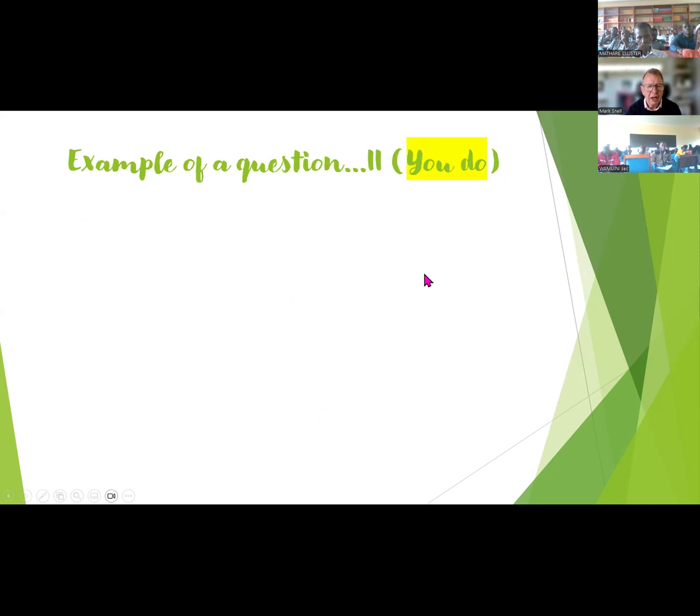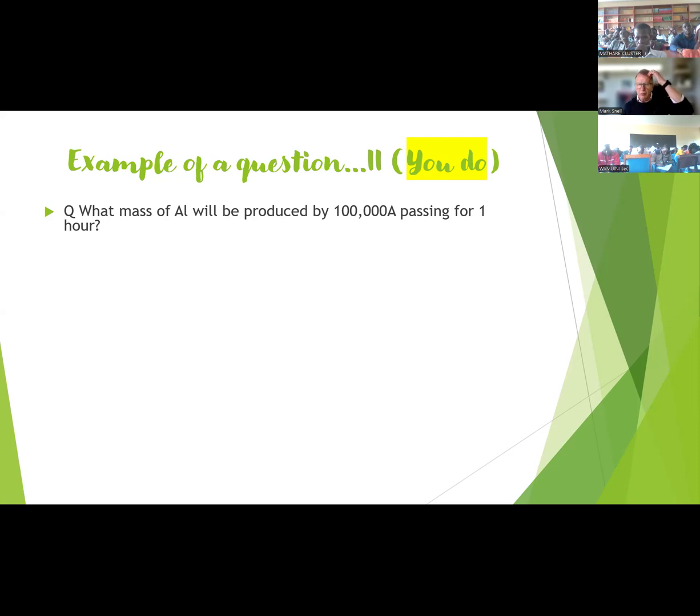Okay, here's one. If you feel like turning your brain on, just go through the steps with yourself. What would you do? What mass of aluminium will be produced by 100,000 amps for 1 hour?